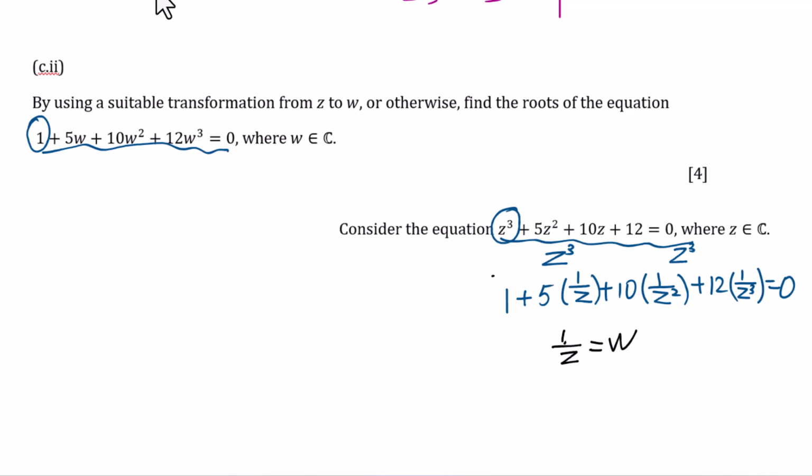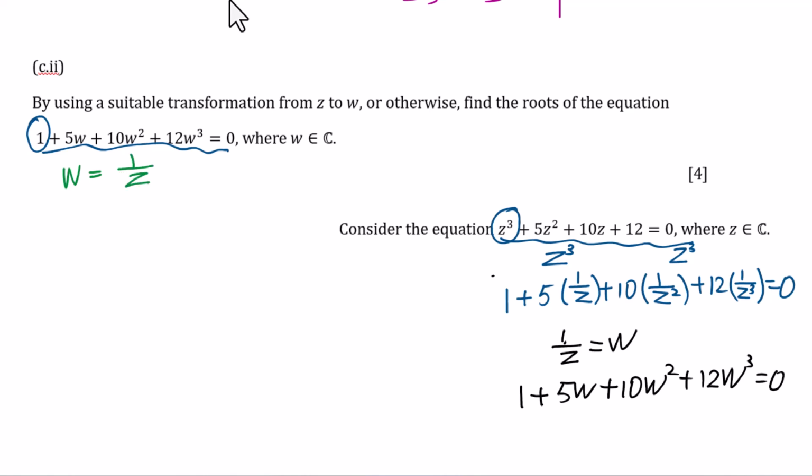We get 1 plus 5w plus 10w squared plus 12w to the third power equals 0. In other words, w equals 1 over z. Therefore, w1 equals 1 over z1, w2 equals 1 over z2, w3 equals 1 over z3.